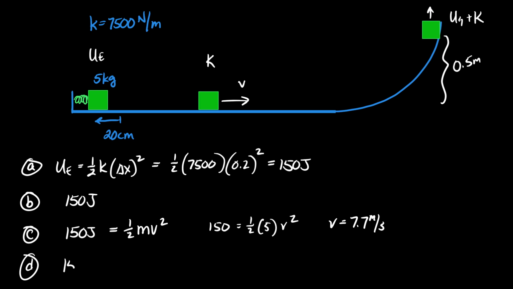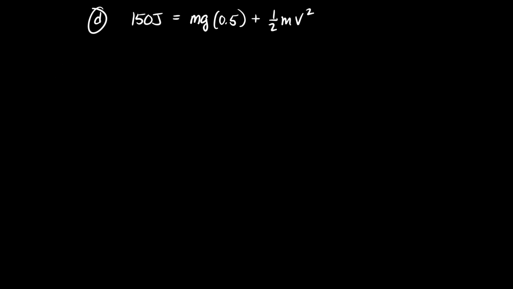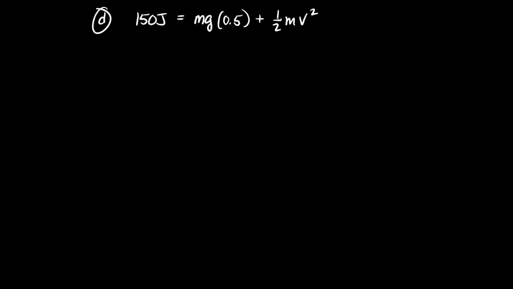Now the box still has 150 joules of energy. That hasn't changed. But now we are at a height of 0.5, and we're moving, apparently, at some speed, and we don't know what that is. So we just have to figure out V. So 150 equals 5 times 10 times 0.5 plus 1/2 times 5 times V squared. 5 times 10 is 50, times 0.5 is 25.